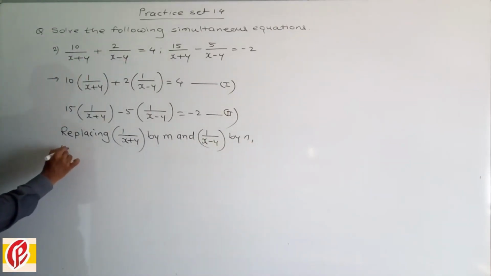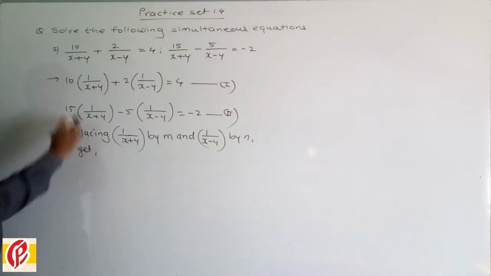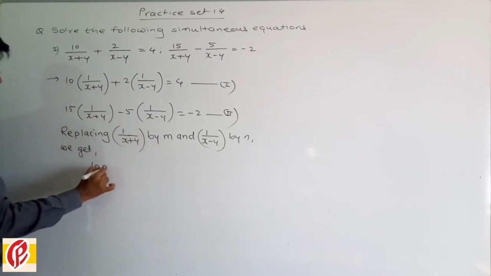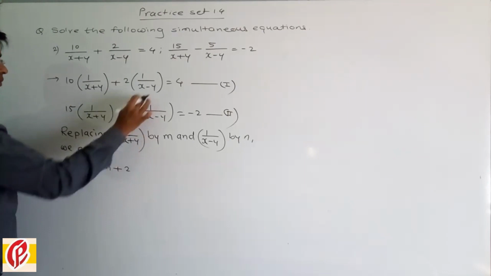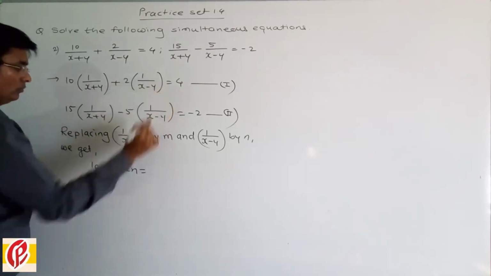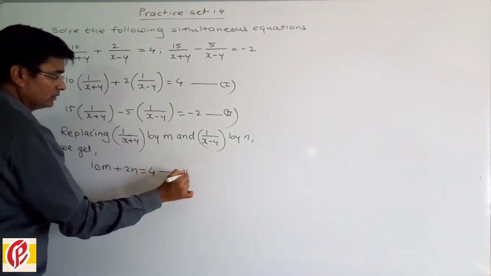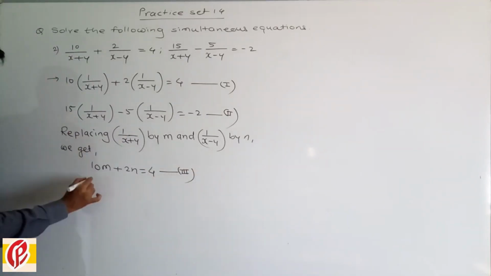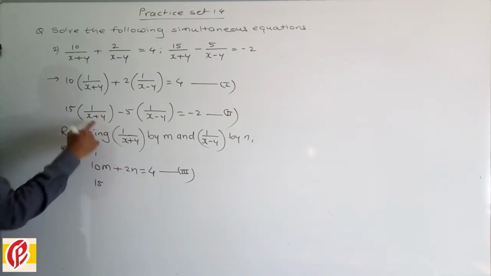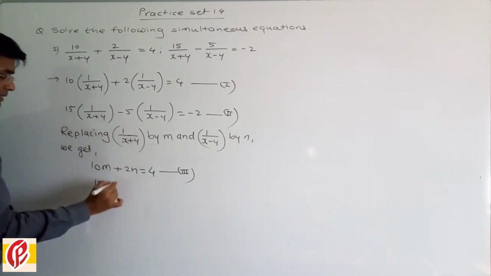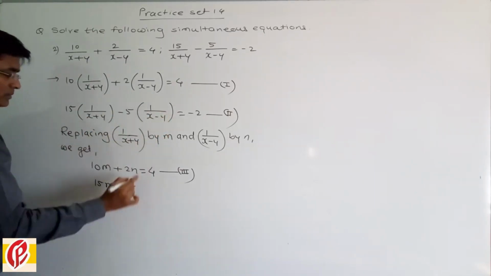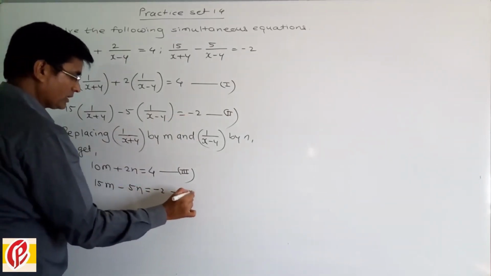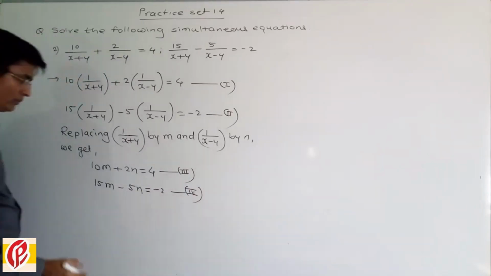So we get 10 times m (1 upon x plus y means m), plus 2n is equal to 4. So this is the third equation. The fourth equation is 15m minus 5n (1 upon x minus y means n) is equal to minus 2. This is equation number 4.